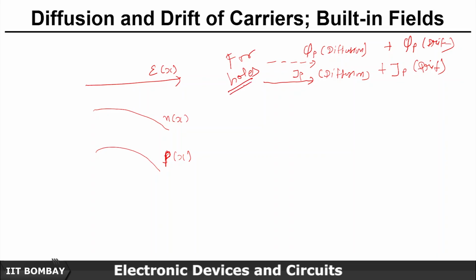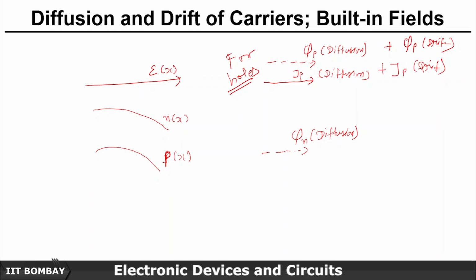Now we will talk about electrons. What happens in the case of electrons? Similarly, you can see the profile of electron concentration. It is decreasing, so electrons will again diffuse in the same direction. And because the electric field is in this direction, electrons will drift the other way around.